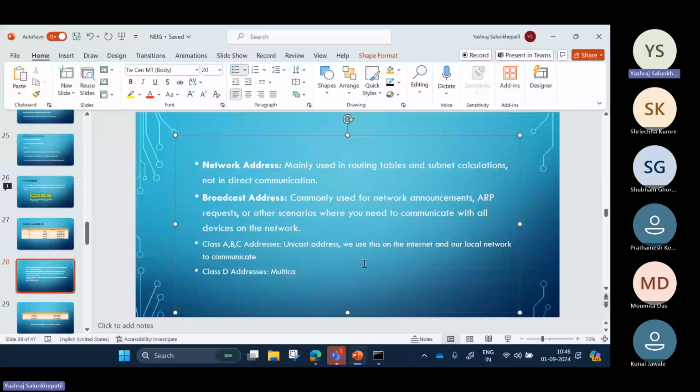So multicast is when we have one server that sends out a stream of info and there are a lot of devices on the network that can listen to that.